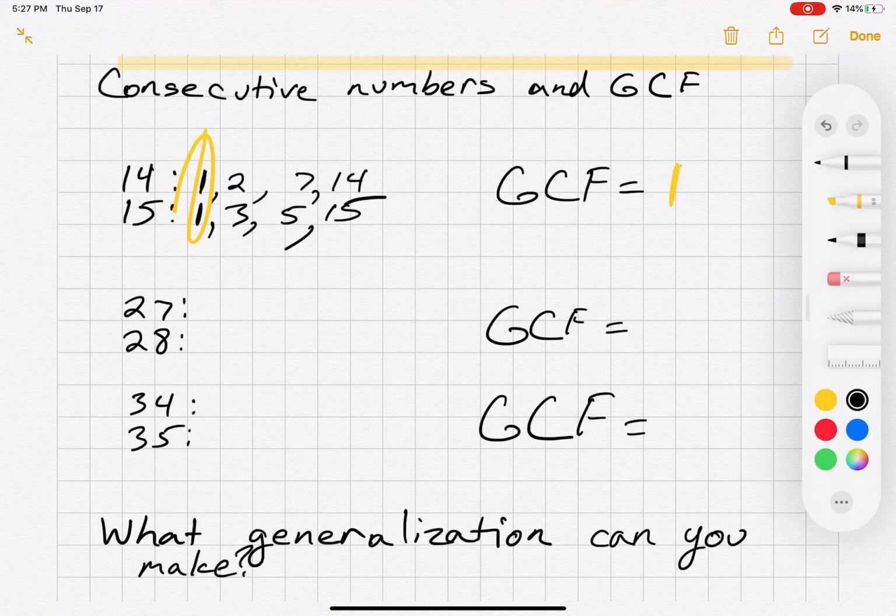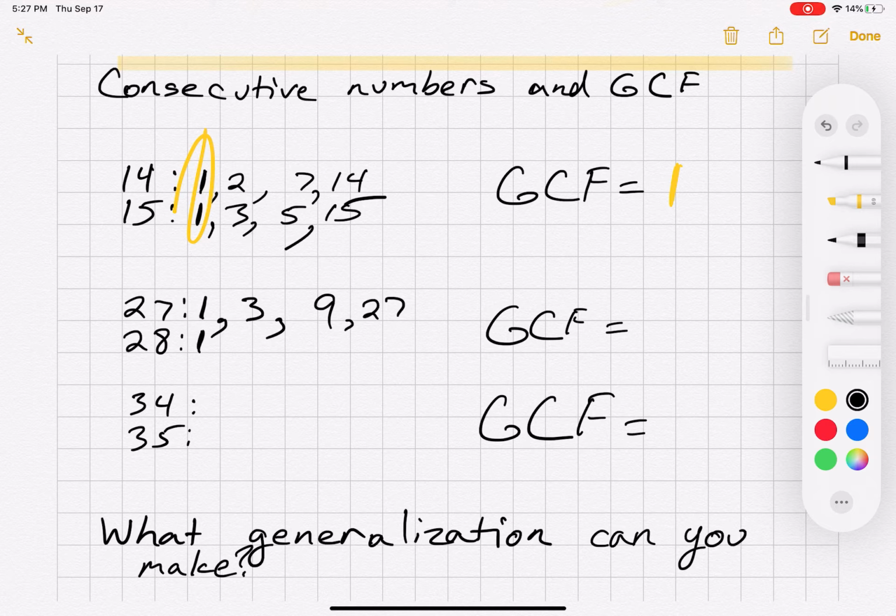Okay, and again, let's do 27. And so 2 doesn't divide into 27, but 3 does, and 9, 4 doesn't, 5 doesn't, 6 doesn't, 7 or 8 don't. So we are finished there.